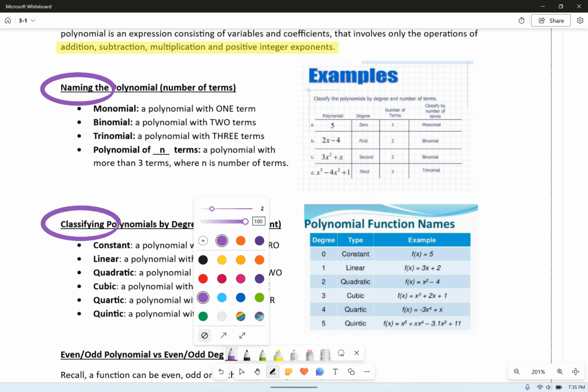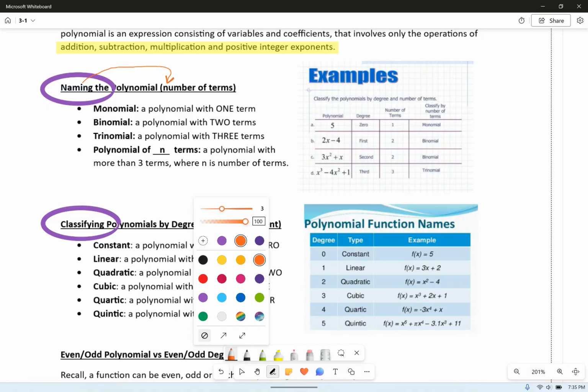Make sure you see the difference between the two, because sometimes it's easy to get them confused. When we talk about naming, the word naming begins with the letter N. And so this helps you remember that naming has to do with the number of terms.